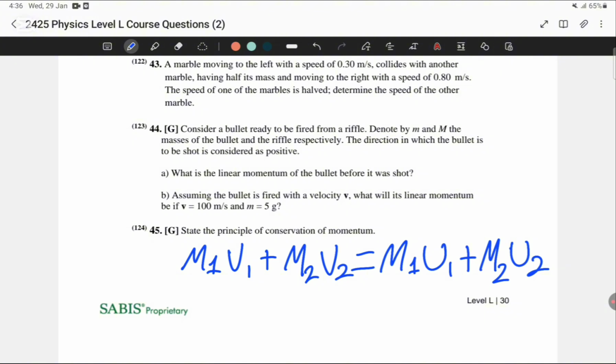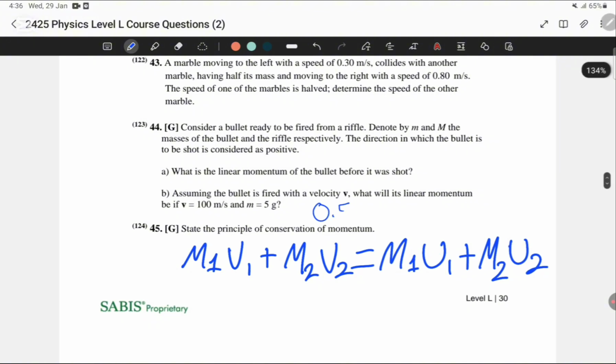Sorry. So the answer is going to be 0.5 kilograms meters per second. Okay, that's going to be the answer for this one.